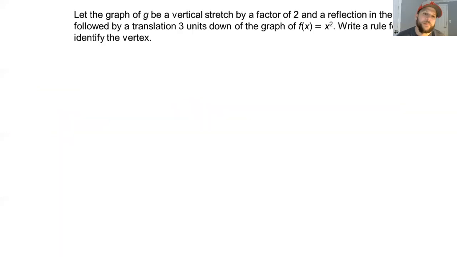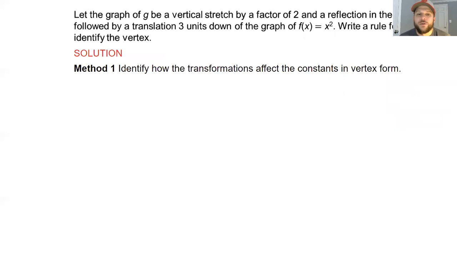So let's let the graph of g be a vertical stretch by a factor of 2 and a reflection in the x-axis, followed by a translation of 3 units down of your basic parent function x squared. Let's write a rule for g and then identify the vertex. So first we're going to identify how the transformations are affecting the constants that are in vertex form.